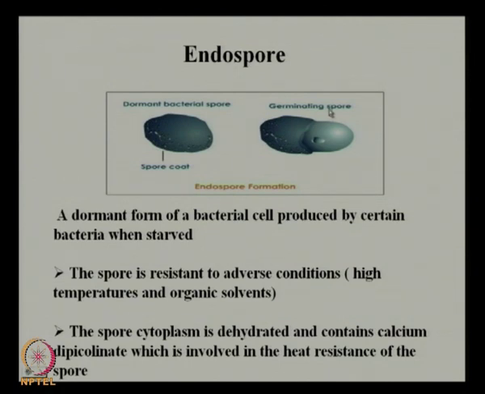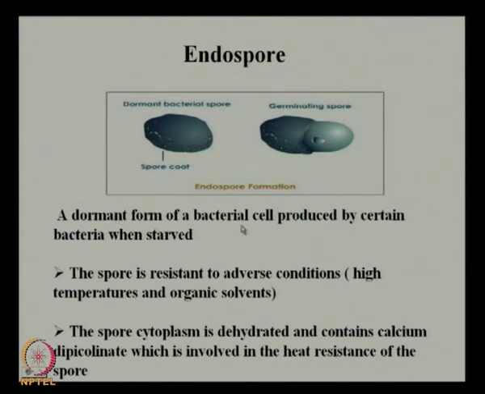Now, endospore is one of these very unique structures where bacteria can survive for years together. It is a dormant form of bacterial cell produced by certain bacteria when they are under starvation.